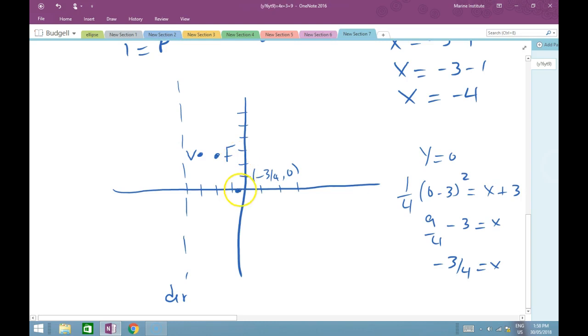So if I go directly above this point to the middle and go up 3, 1, 2, 3, I would be at the point negative 3 over 4, comma 6. Then we know the parabola would go as such, because what we have here is 2 points that are symmetrical, because the vertex will cut the parabola in half.